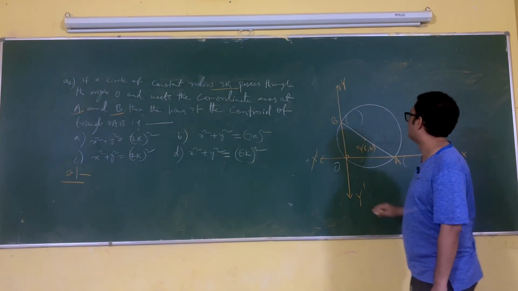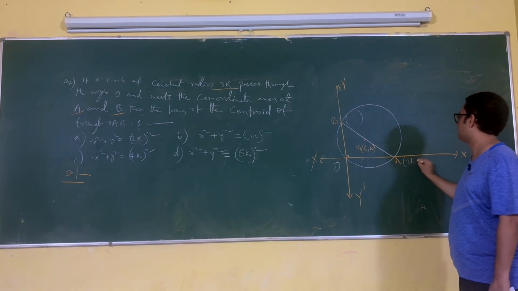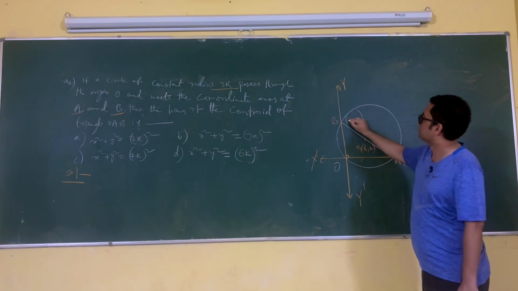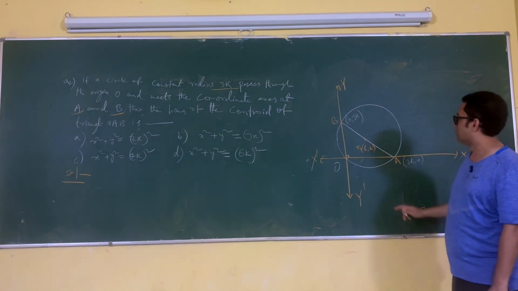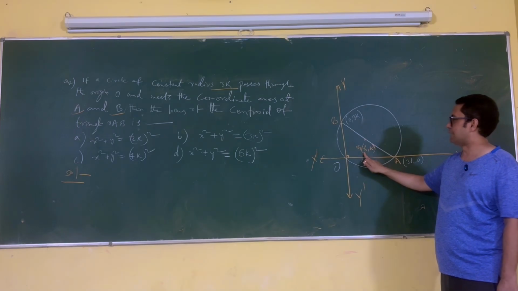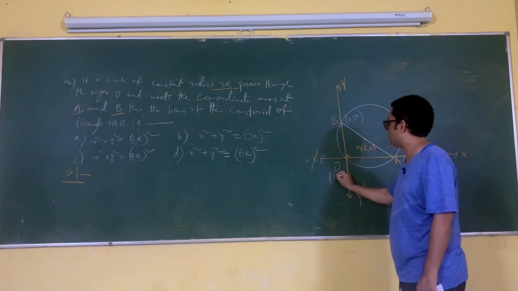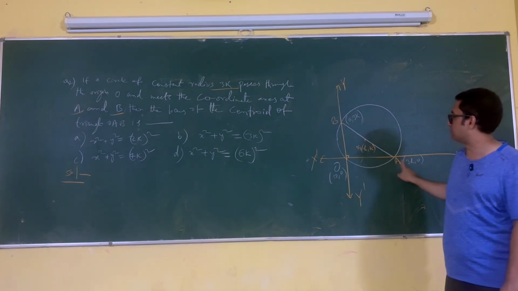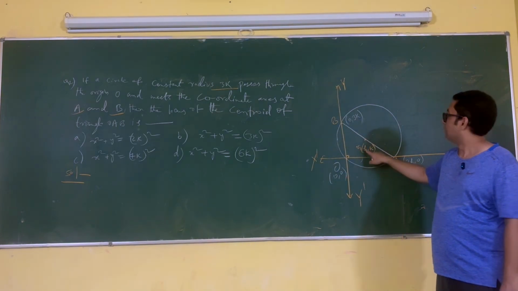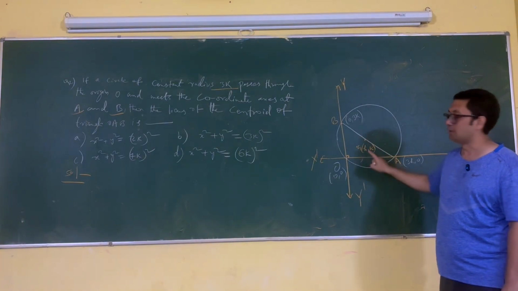Coordinates of A will be 3h, 0, and B will be 0, 3k. How? Because centroid is x1 plus x2 plus x3 upon 3. So this is 0 plus 0 plus 3h upon 3, so it is h here. And 3k plus 0 plus 0, so 3k upon 3 is k here.